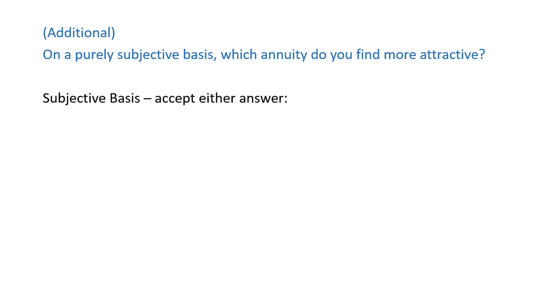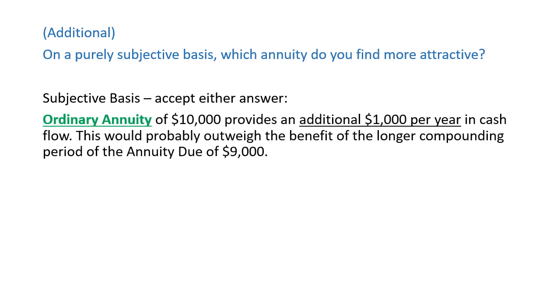On a subjective basis, you can accept either answer. Ordinary annuity of 10,000 provides an additional 1,000 per year in cash flow. This will probably outweigh the benefits of the longer compounding period of the annuity due of 9,000.